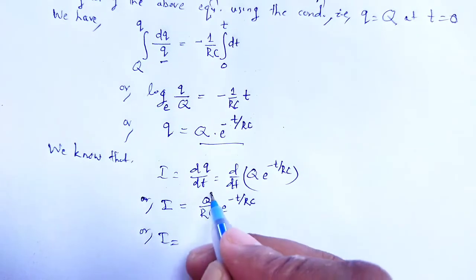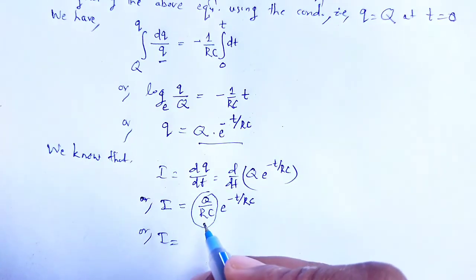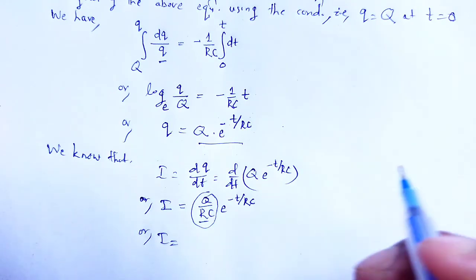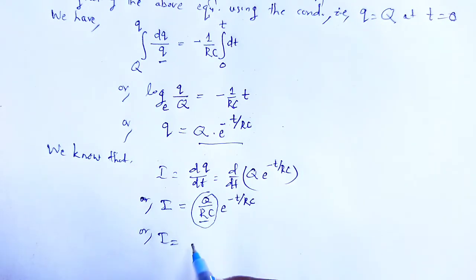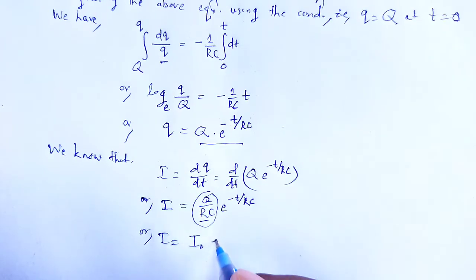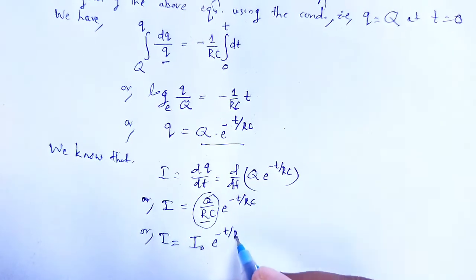Here Q is the maximum charge, and RC is the time constant. So the maximum current is I naught, and I is equal to I naught e to the power minus t by RC.